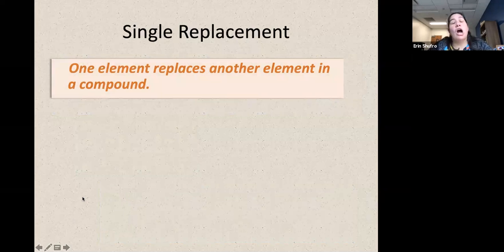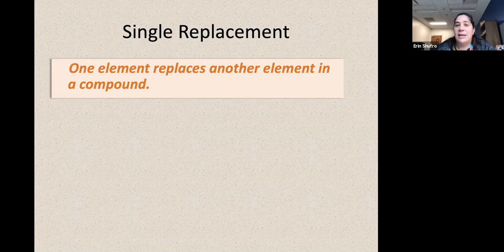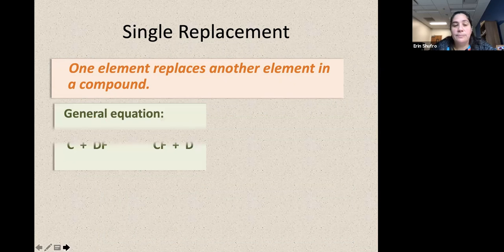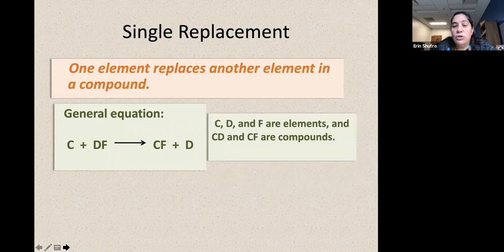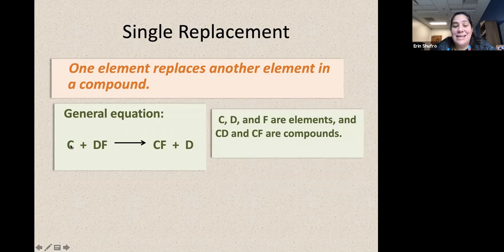Single replacement reactions are just like what they sound like. So one element comes along and replaces another element in a compound. Okay, so a homewrecker comes along and steals your mate, right? One element replaces another element in a compound. So the general equation is that C comes along, kicks D out, and takes its place.